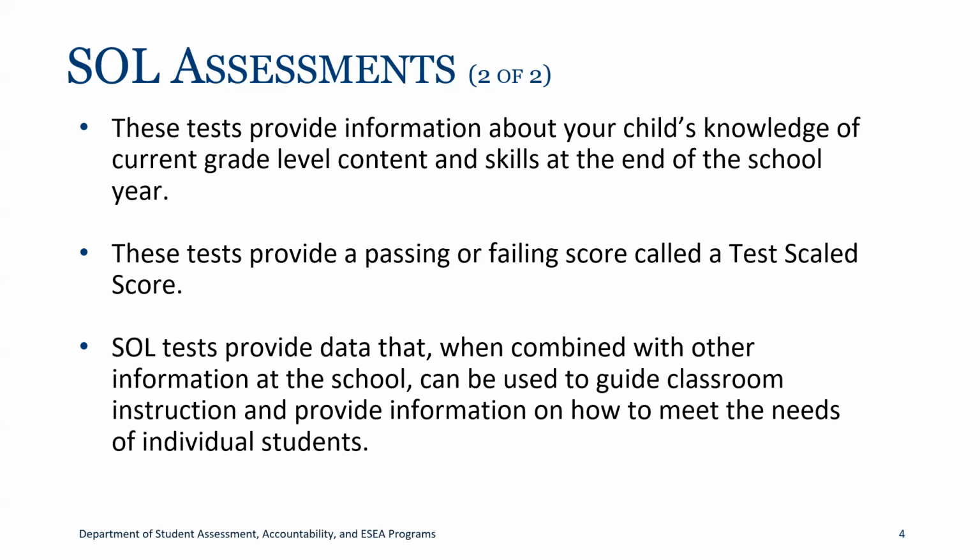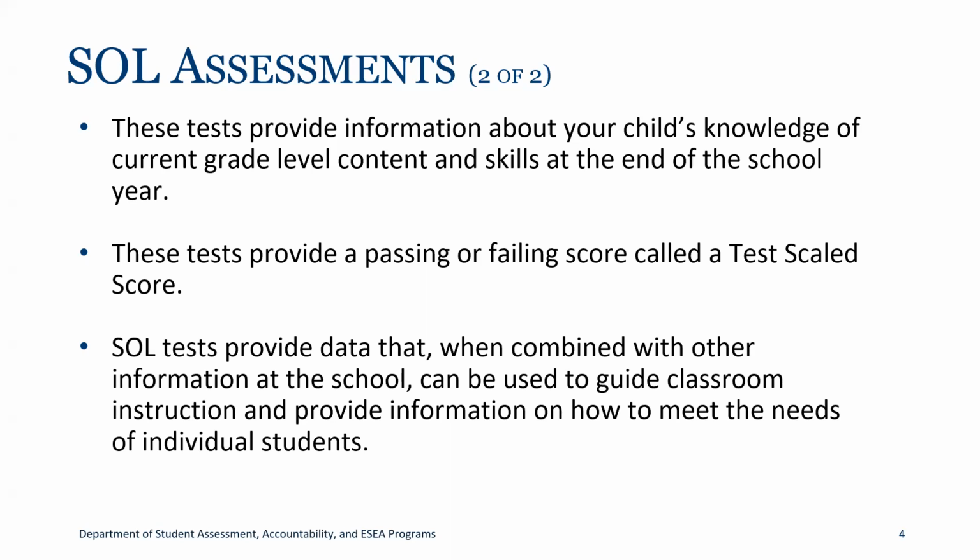A 400 or above is considered passing or proficient in the grade level skills and content. A 500 or above is considered advanced in the grade level skills and content. Scores below 400 are considered failing or not proficient in the grade level skills and content.